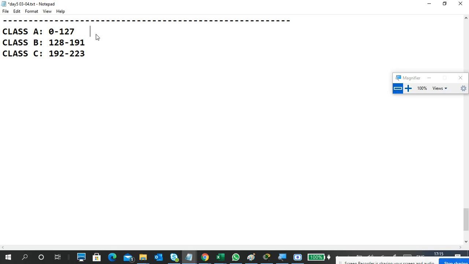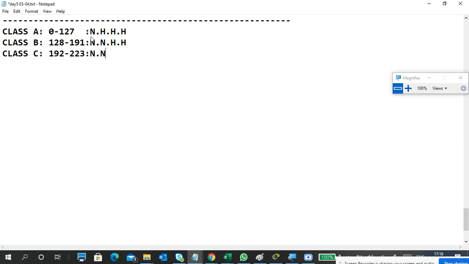Before going to the truth table, I will say this is the range. I will put everything into one place only. In a class A IP address, the first portion is the network portion and the remaining is the host portion. In class B, the first and second are the network portion and the last two are the host portion.